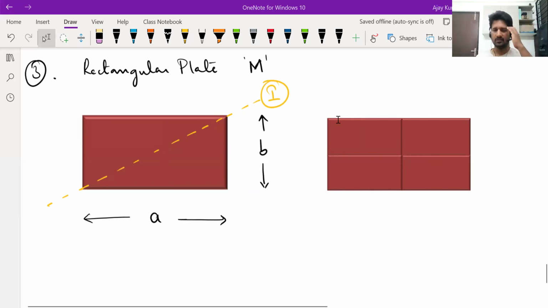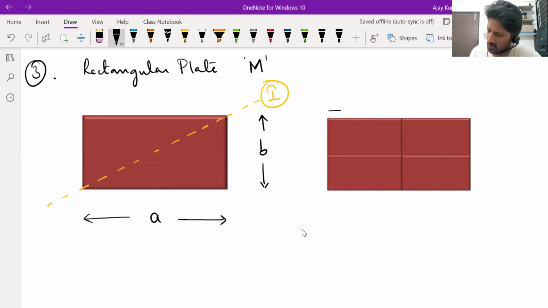Okay. So dimension wise, if the full rectangle's length is A, then the small rectangle's length will be A by 2, width will be B by 2. So dimensions are getting halved. Due to that, moment of inertia becomes 1/4. Yes, but if the full rectangle's mass is m, then the small part's mass will only be m by 4. And if mass is divided by 4, moment of inertia also gets divided by 4.